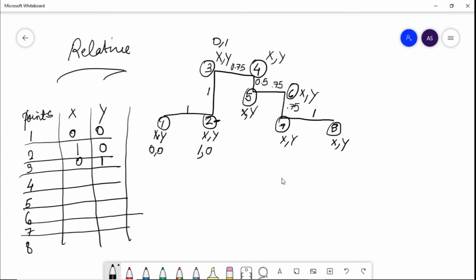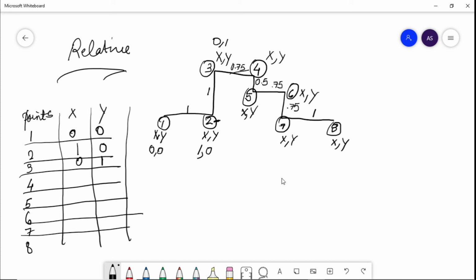Then to move on to the next point, which is point number 4, we will have to see in which direction the movement is going on. So we can see that this side length is given to you as 0.75 and there is only movement in the direction of positive x.